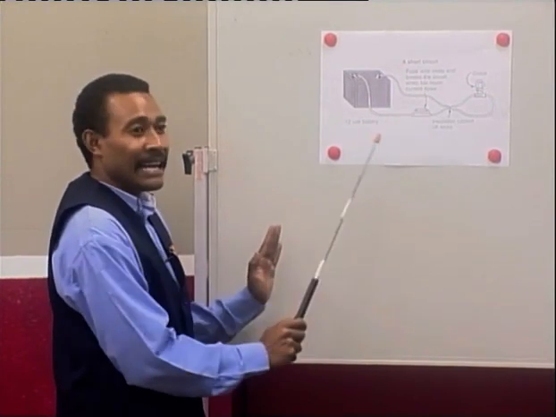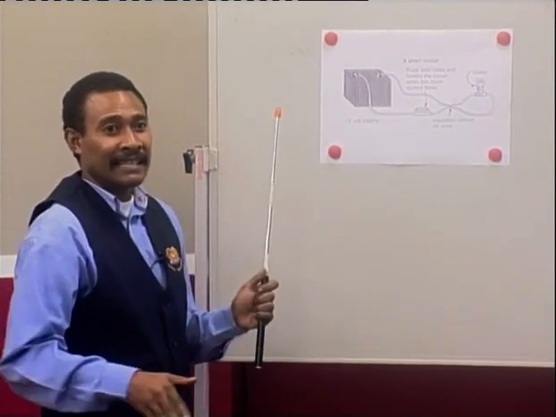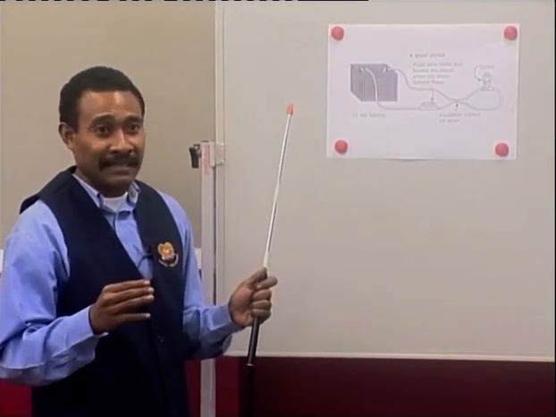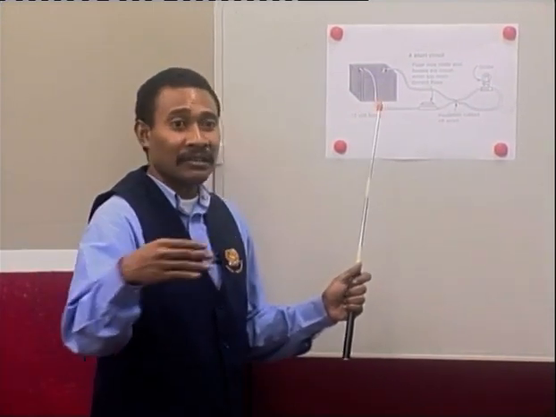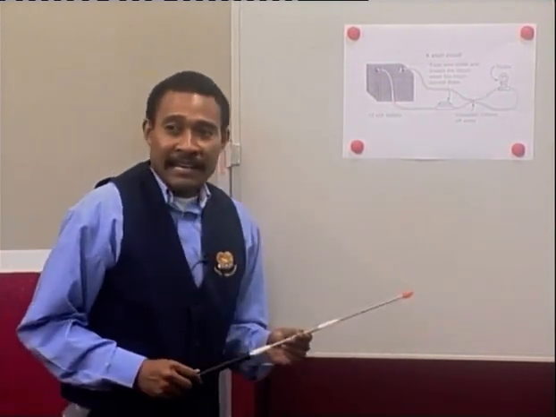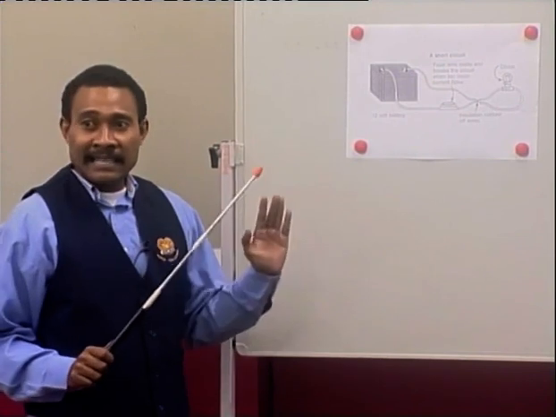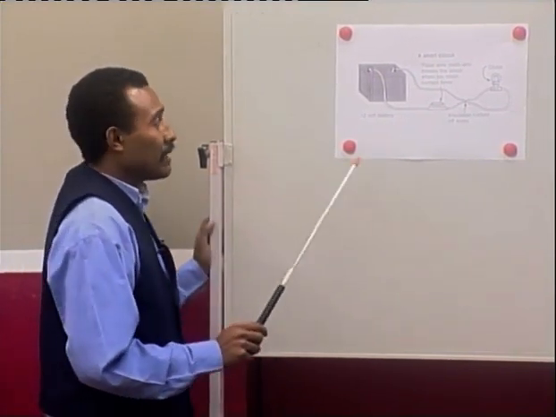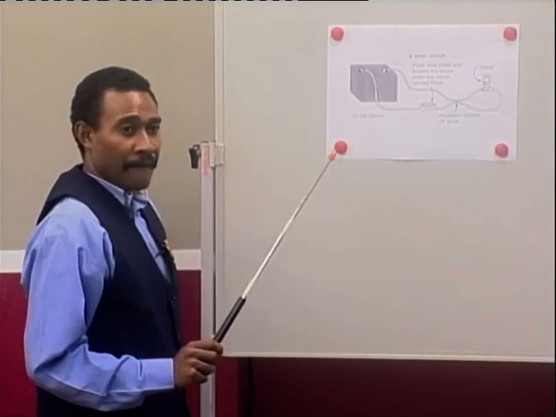The wire melts, and it cuts off the circuit. So when the circuit is cut off, when there is a gap, what happens? No electric current flows through. So it is a safety device. It will not create fire.